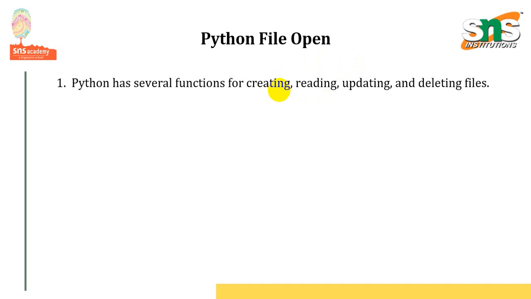That is the third operation. Or else, if you want to delete the entire document, you can use the delete operation, or you can delete some data in the file. So there are four major operations to be performed on a file: creating, reading, updating and deleting, right?